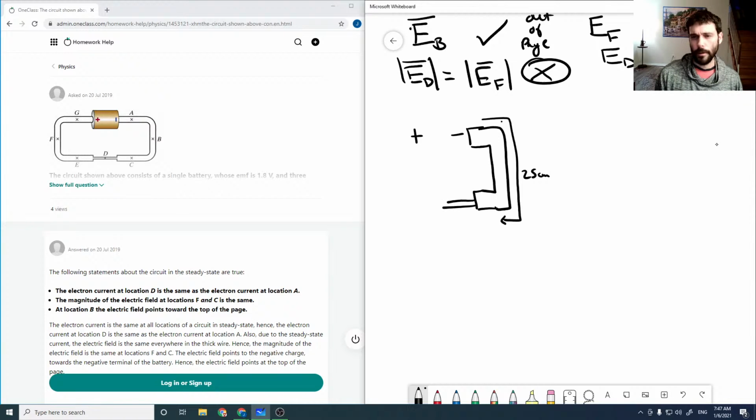And then a thin wire, which is length 5.1 centimeters, and then a thick wire, which is again 25 centimeters.